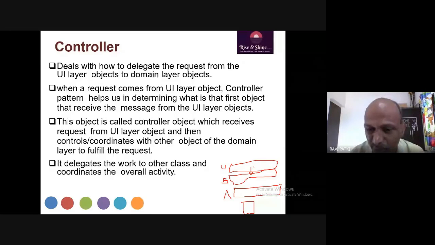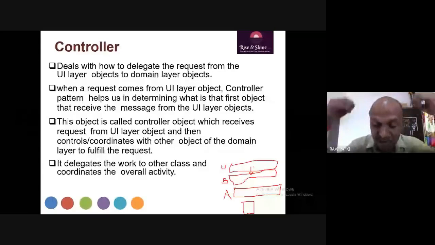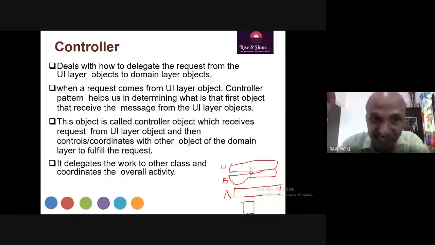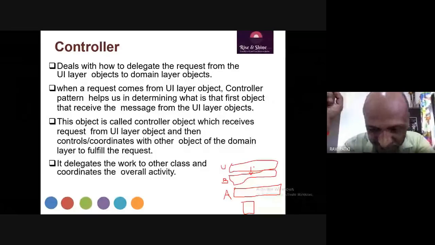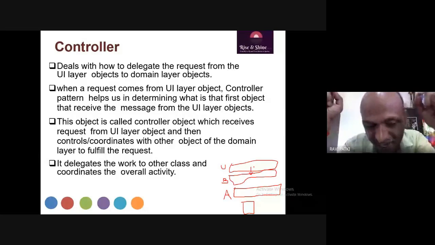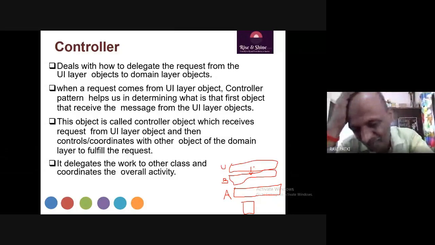Which domain model from the business layer should handle it? The solution to this question is the controller pattern: how to delegate the events from the UI layer to the underlying business object.